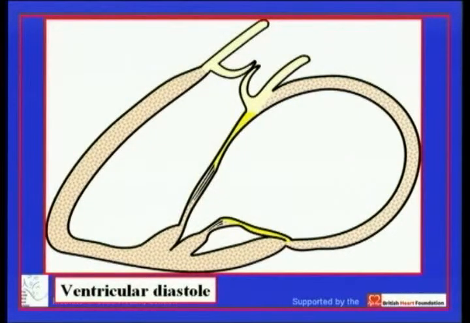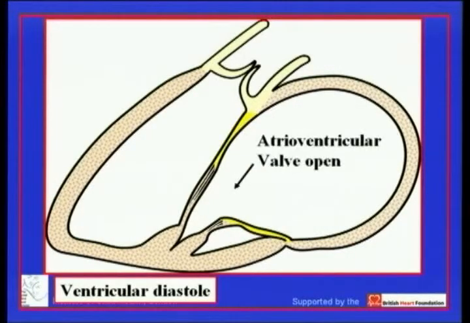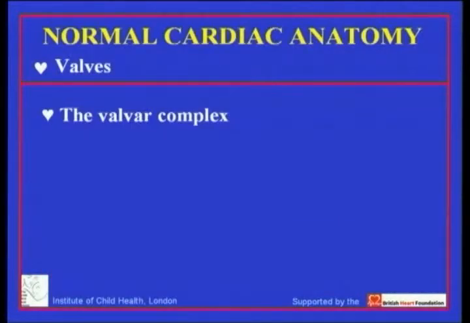And then in diastole, as soon as the pressure in the arterial trunks is greater than that of the declining pressure within the ventricle, the leaflets of the arterial valve snap shut, and the atrioventricular valve is open. And it's these events that occur during the cardiac cycle that dictate the structure of the various valves.